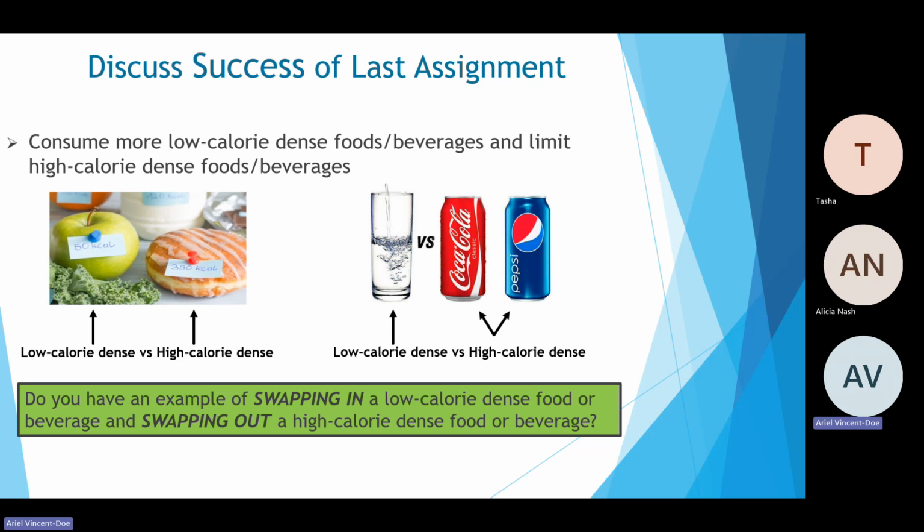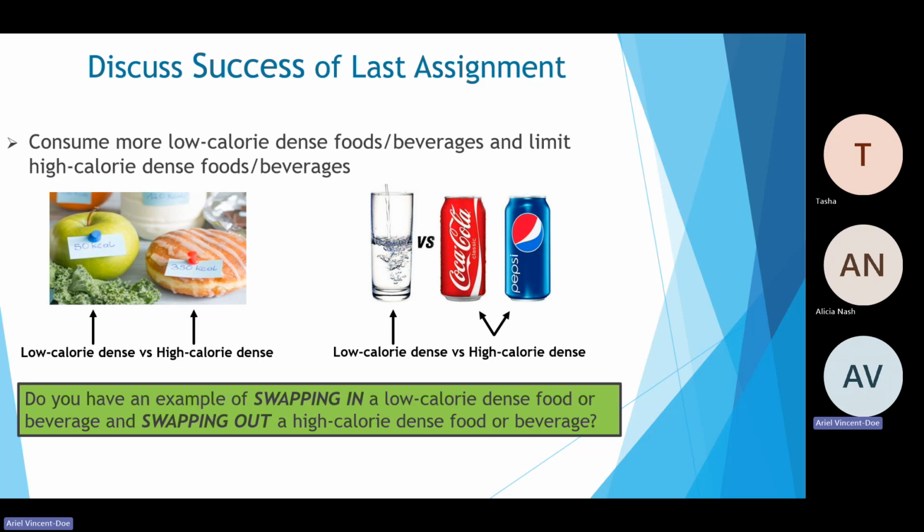All right, so just to recap, last week we talked about consuming more low-calorie dense food and beverages and limiting high-calorie dense food and beverages. So if you remember last week, I showed a picture of an apple versus a donut, and the apple definitely has less calories than the donut.